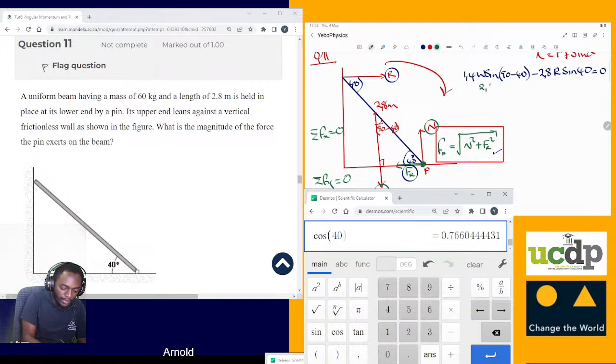So this becomes 2.8 R sine 40 equals 1.4 times the weight. What's the weight? 60. So it's 60 times 9.81 sine 50. So R will be equal to 1.4 times 60 times 9.81 sine of 50 all over 2.8 sine of 40.